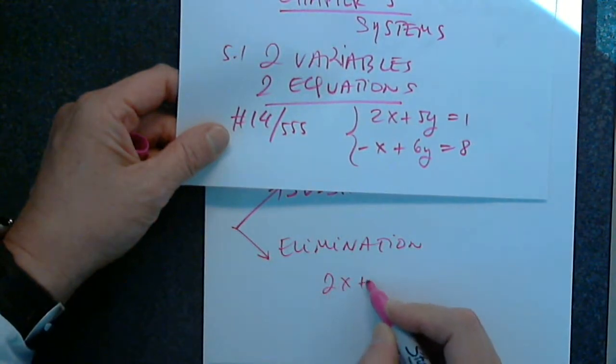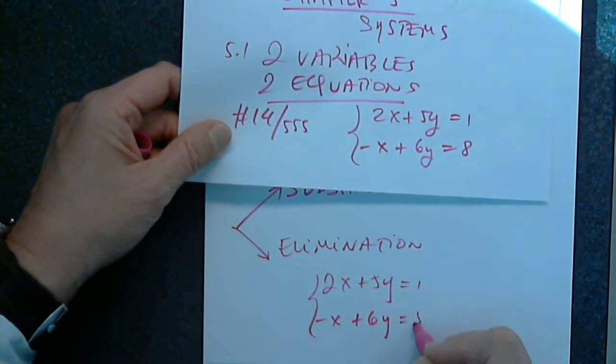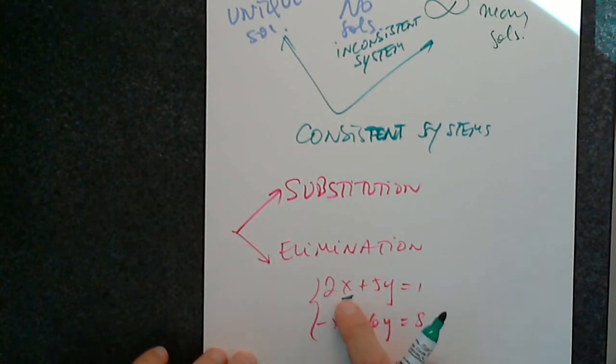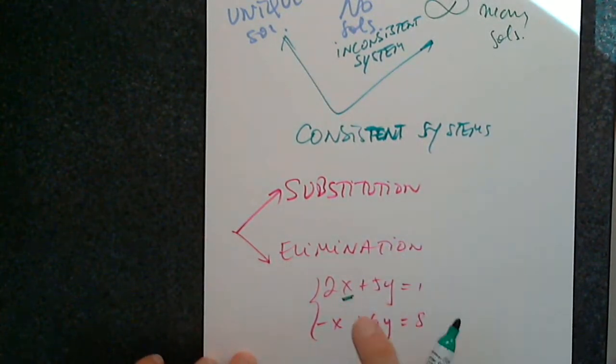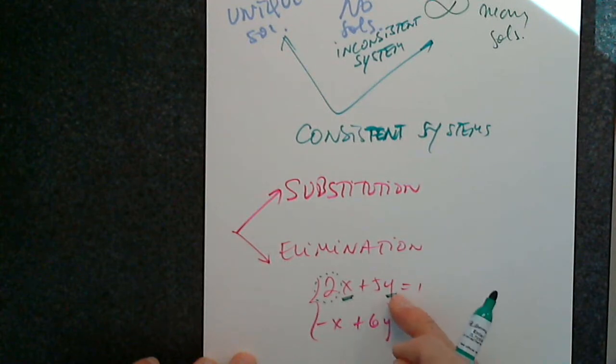So we have 2x. I'm copying the system one more time. In case we're asked to use substitution on this system, I will not solve the equation for x because the coefficient is not 1.